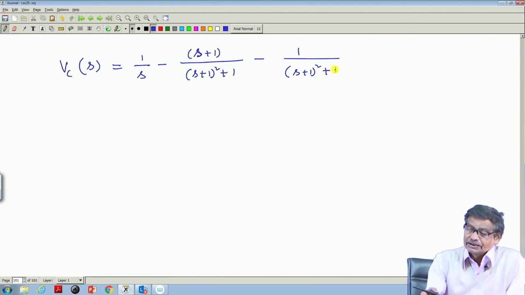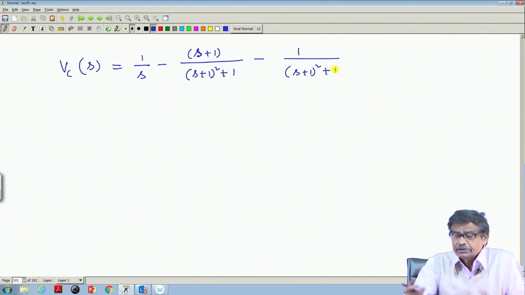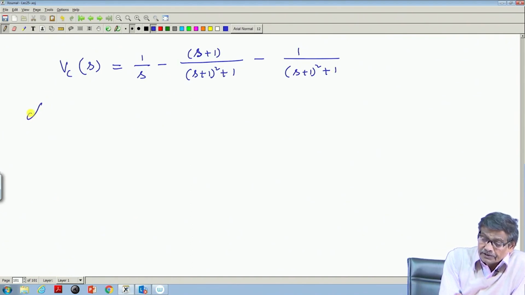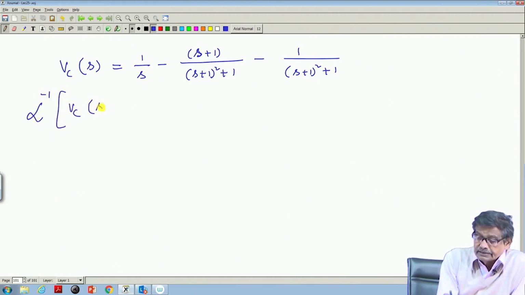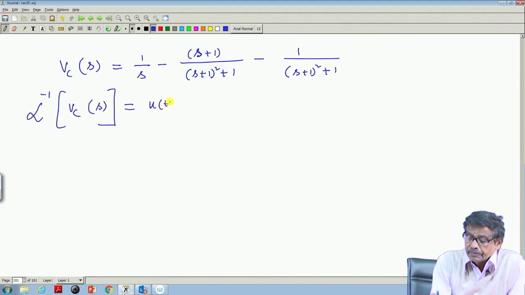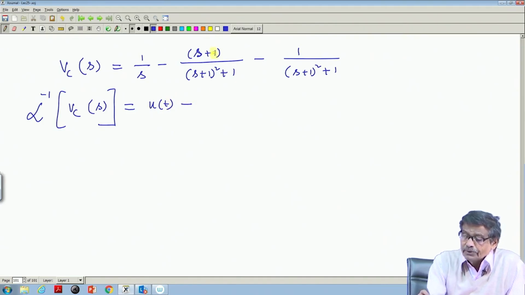Now, here your practice with Laplace transform will tell you, okay, Laplace inverse of VCS will be 1 by S, Laplace inverse is u(t). Can you tell me what is the Laplace transform of this?